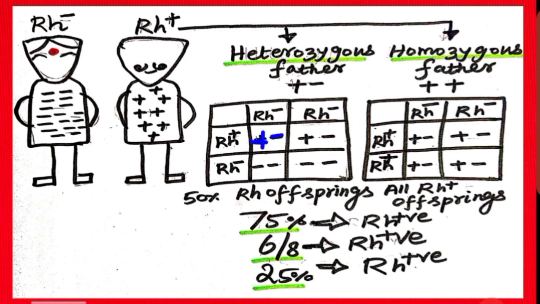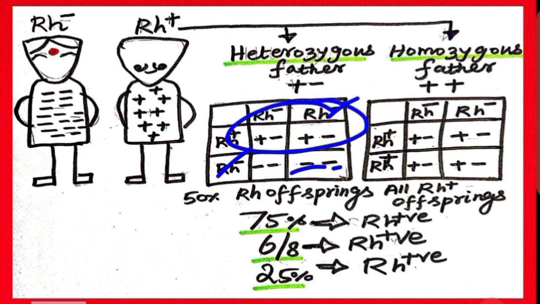Plus minus, plus minus, so you get two genotypes with plus minus, which will give you RH positive.